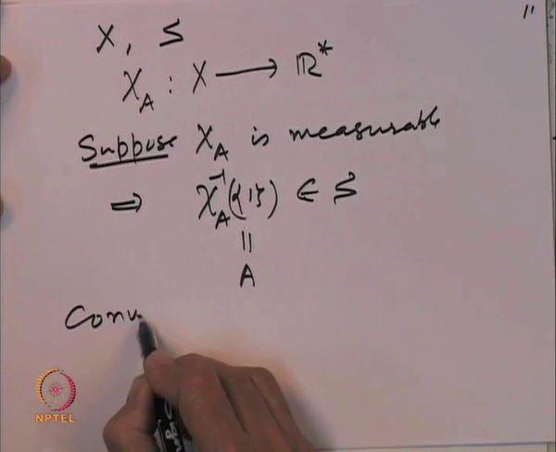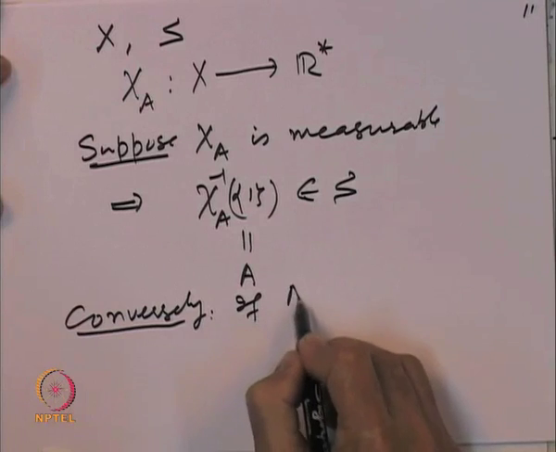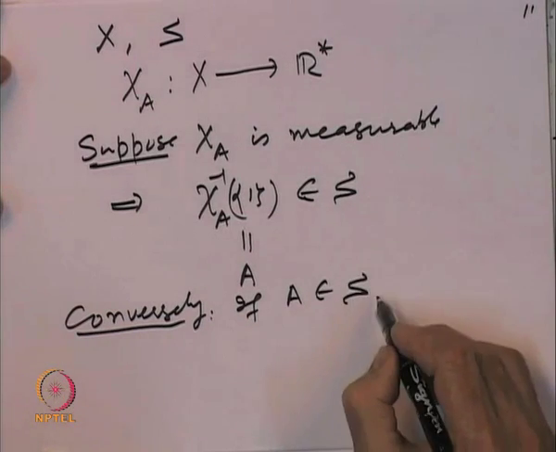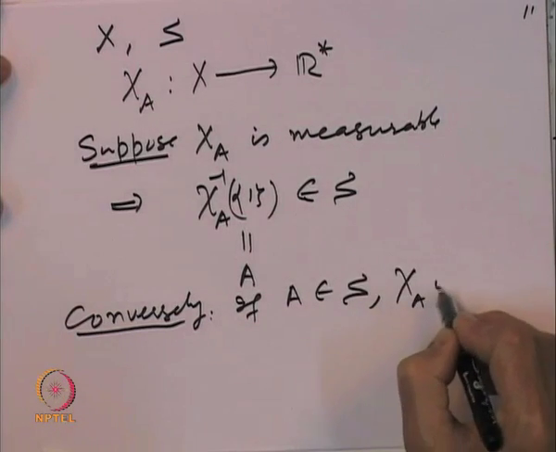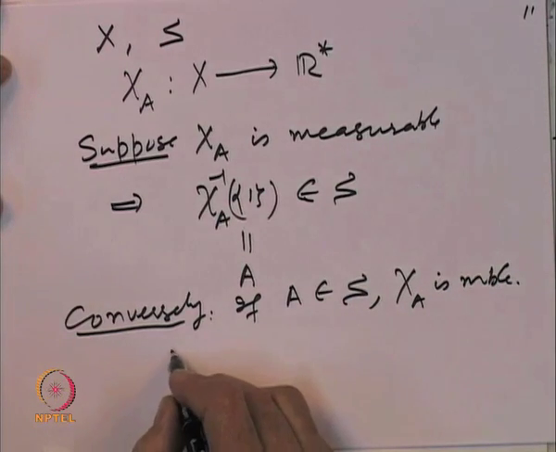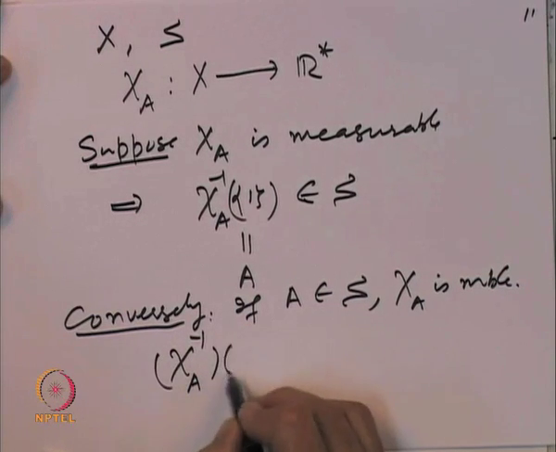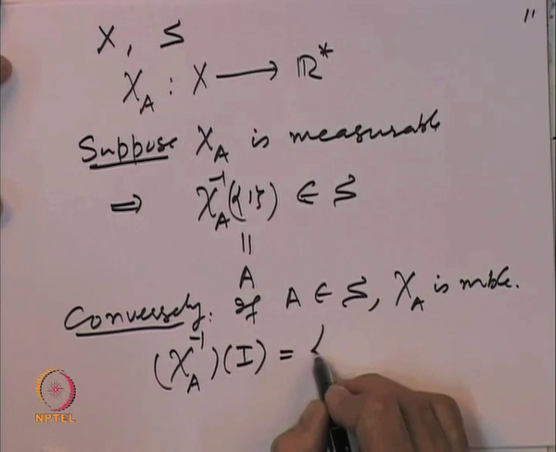Conversely, if A belongs to S, we claim that chi of A is measurable. So, for that, look at chi A inverse of any interval I. So, what is that going to be?